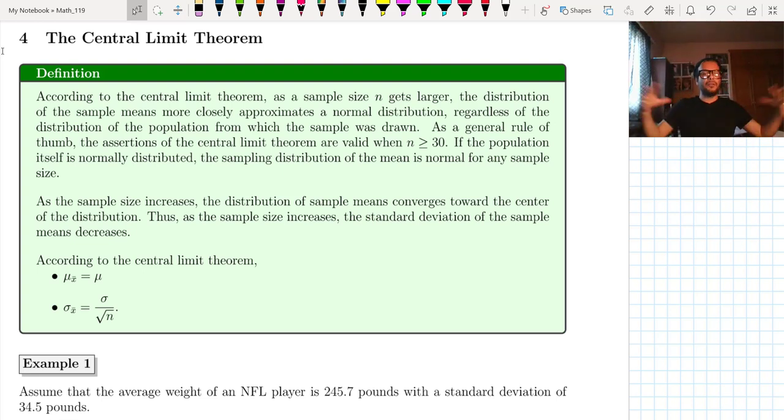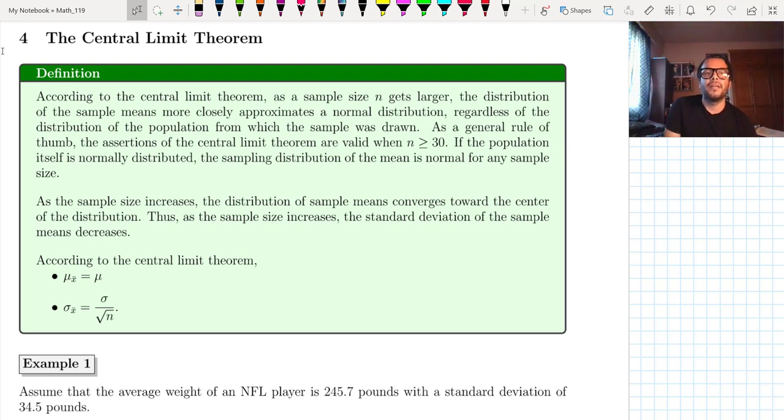Every time we collect a sample that gets larger and larger, we find out that the distribution gets very close to a normal distribution, regardless of how the population being sampled is distributed.